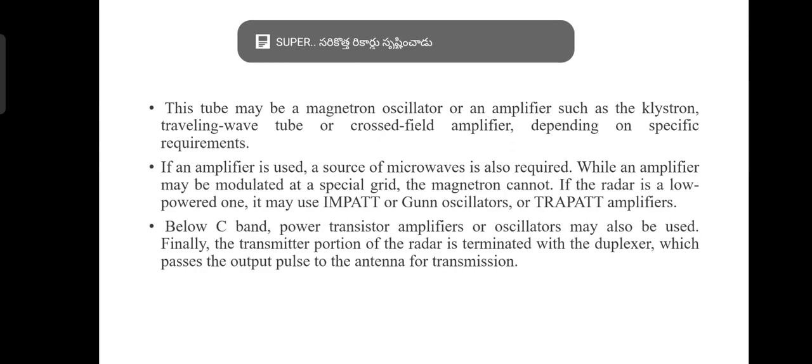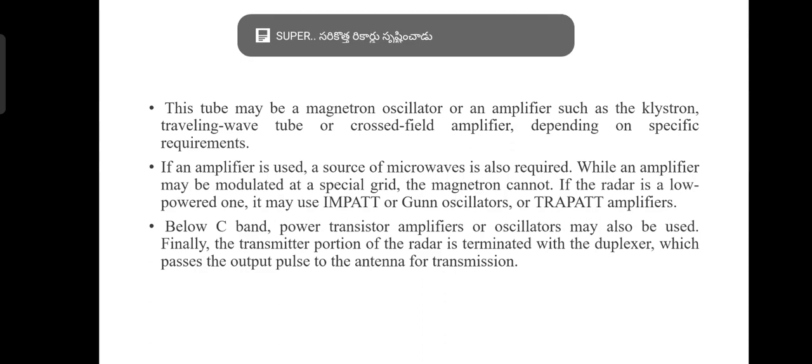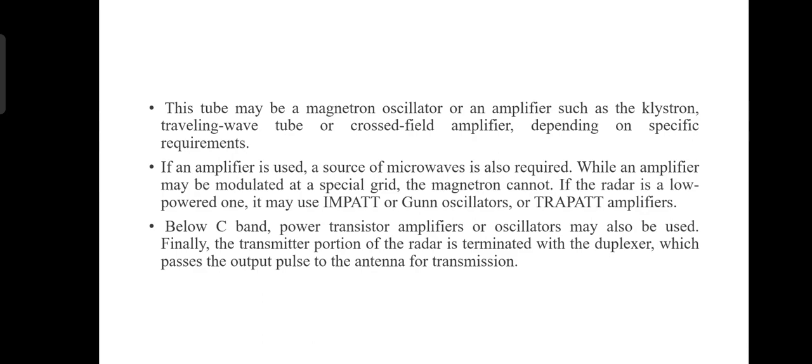While an amplifier may be modulated at a special grade, the magnetron cannot. If the radar is a low powered one, it may use IMPATT or Gunn oscillators or TRAPATT amplifiers. Below C band, power transistor amplifiers or oscillators may also be used.